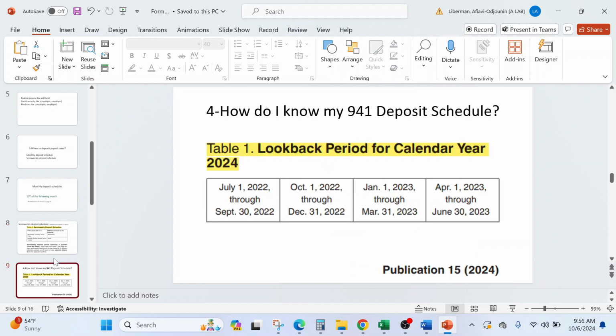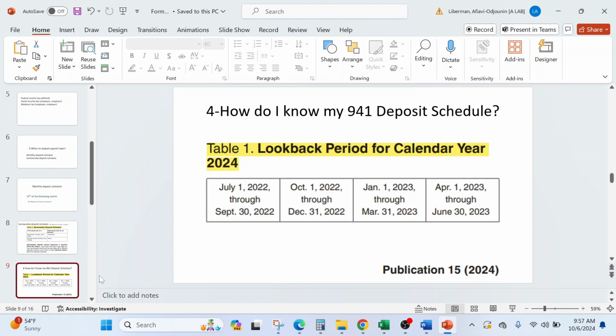And how do you know if you are a monthly scheduled depositor or a semi-weekly scheduled depositor? You have to take the previous 2 years of your Form 941, and you want to track it from July to April to have 4 quarters, 2 quarters in 2022 and 2 quarters in 2023, to find that 1 year tax liability.